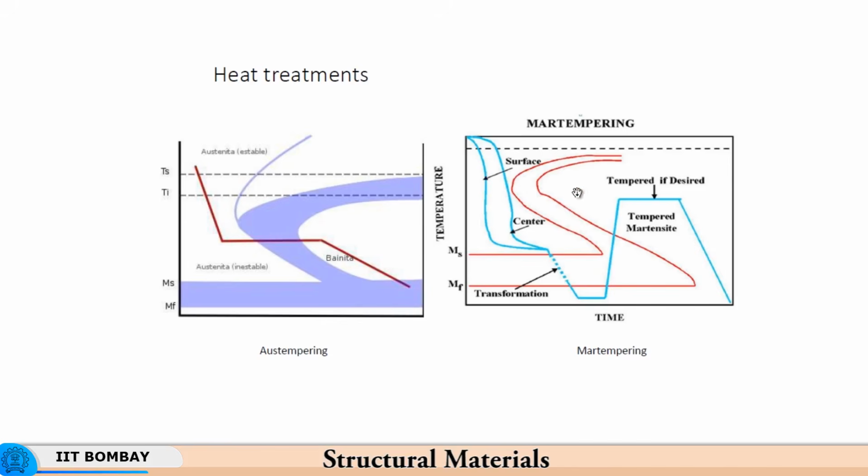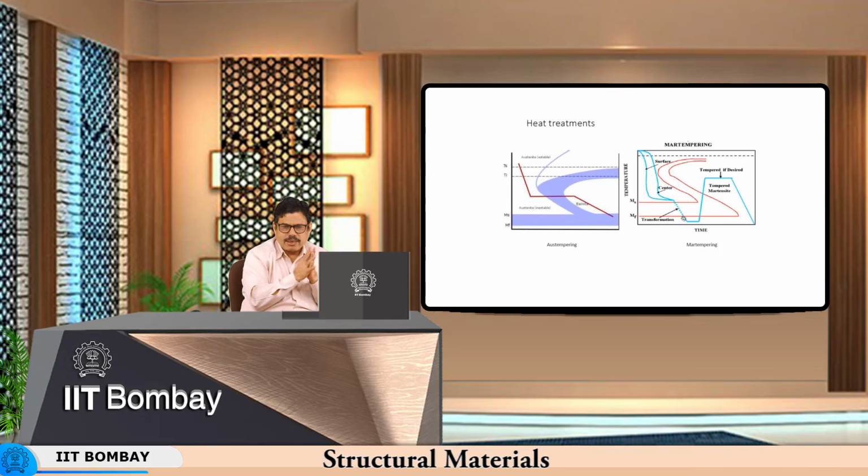So missing the nose of the transformation curve means that no transformation by diffusion has been allowed. So all the alloying elements, meaning all the carbon, has got locked up in the austenite, and when it got transformed to body centered tetragonal martensite, you have a very high carbon content in martensite, leading to very high hardness.